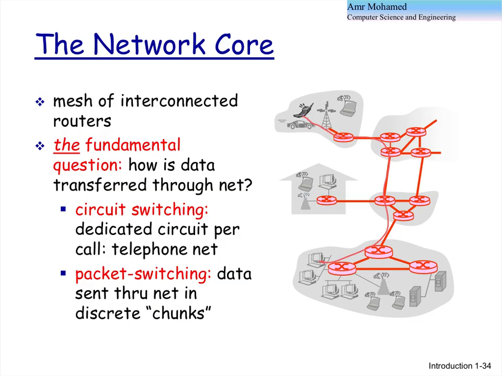It doesn't happen, or disrupted. Okay, what's good about circuit switching is that it's a dedicated circuit, right? So it guarantees the performance, but even if you're not using it, it's consumed. This is bad, the real issue.